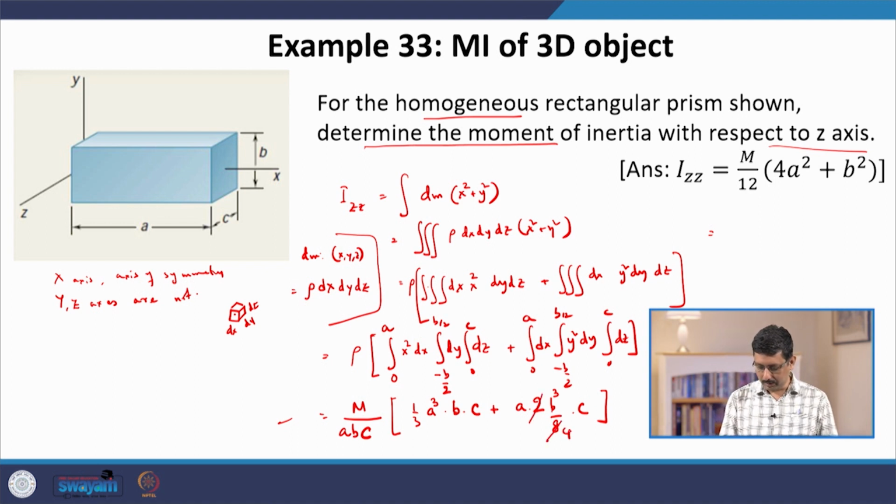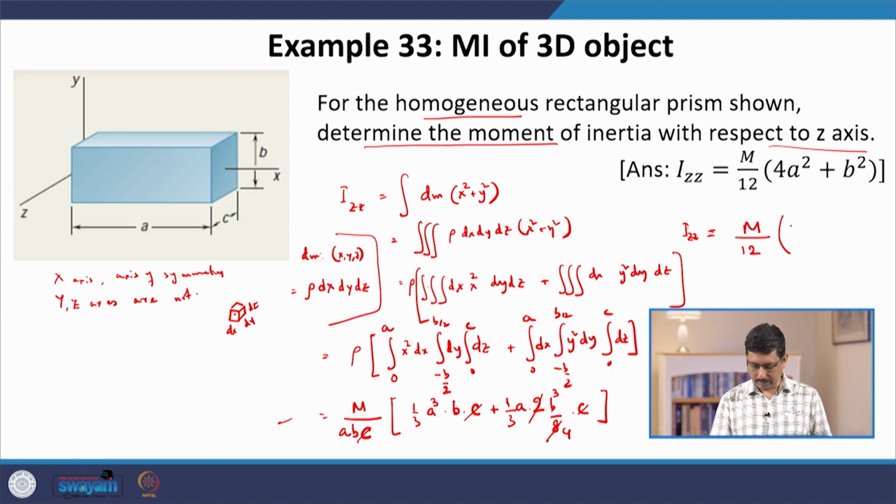If I simplify, the c gets cancelled from both terms. So, we get I_zz is M by, the first term has 1 by 3 and the second term has 1 by 4, so we take 1 by 12 out.